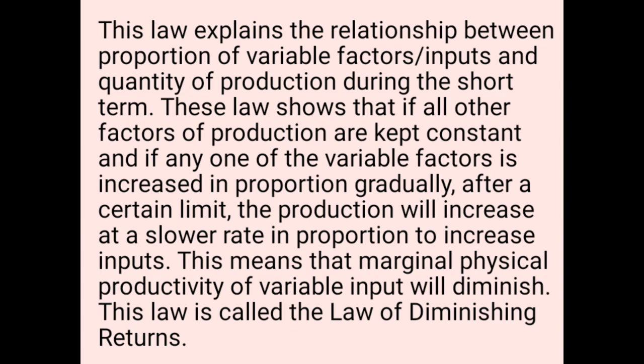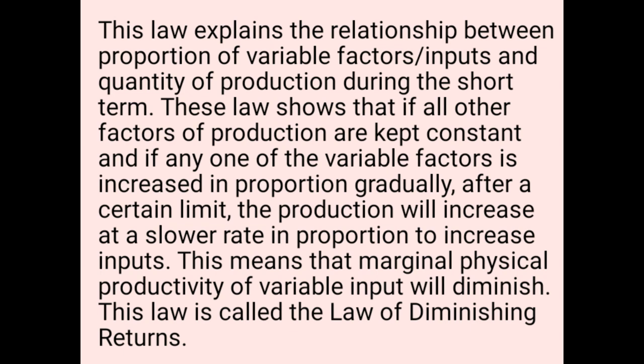This law shows that if all other factors of production are kept constant and if any one variable factor is increased in proportion gradually, after a certain limit, the production will increase at a slower rate in proportion to the increase in inputs. This means that the marginal physical productivity of the variable input will diminish.